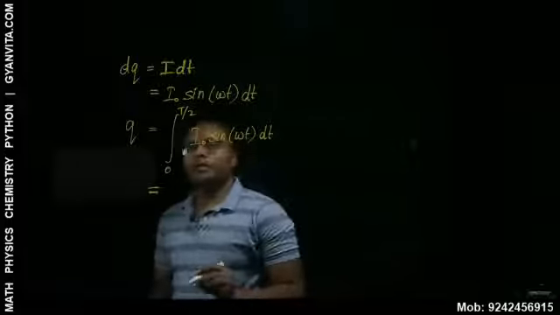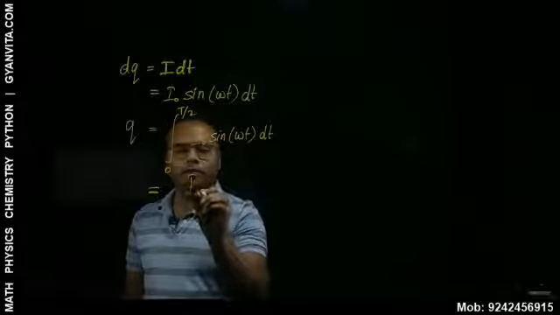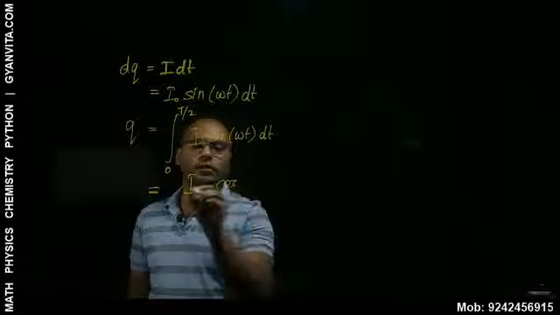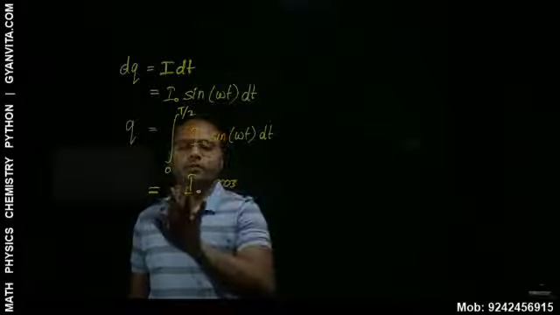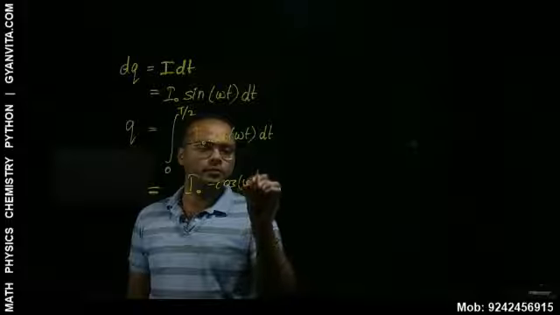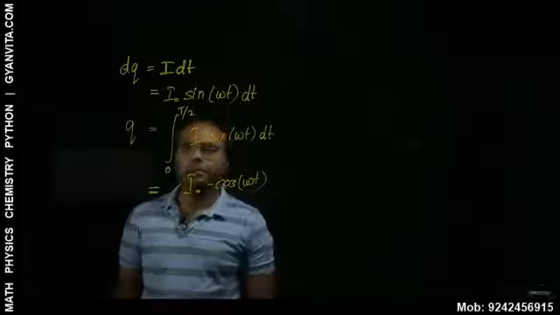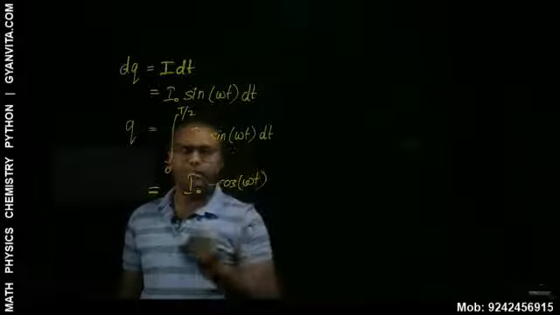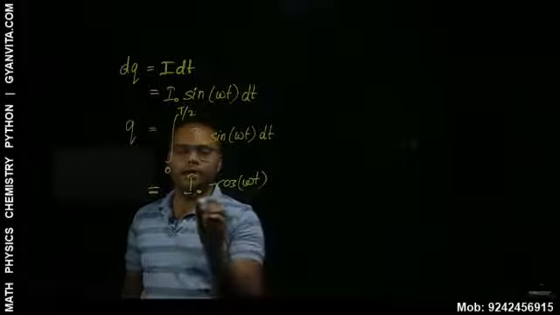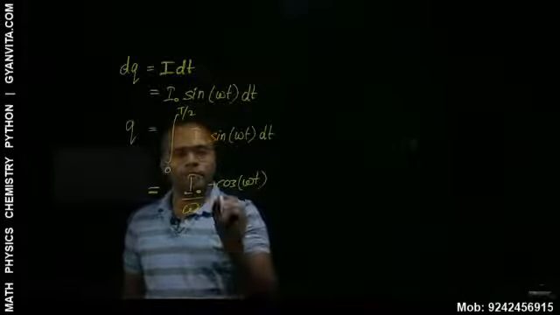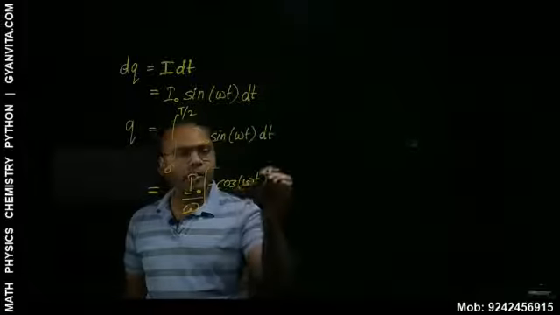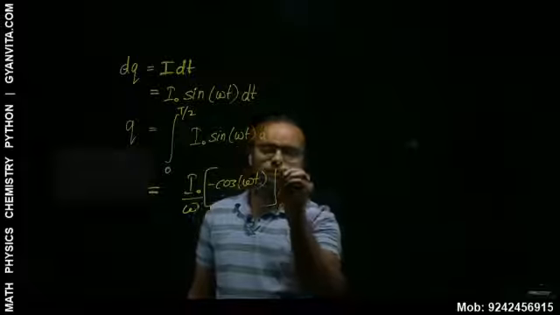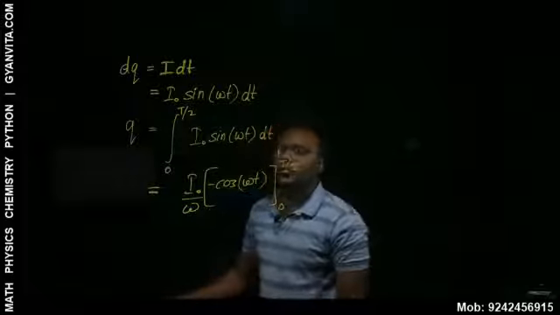Okay, correct. So you integrate it, I naught will come outside, and here you will have minus cos omega t, and there is omega as well, so divided by omega. Now you substitute the limits, that is from 0 to T by 2, right?